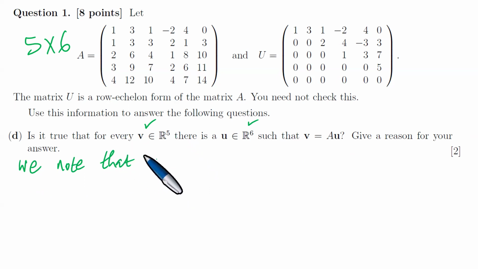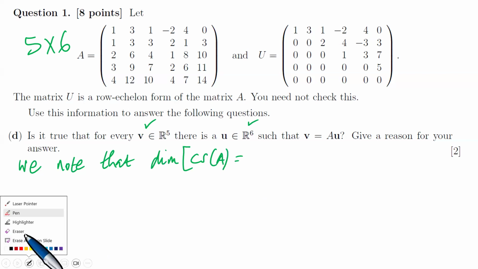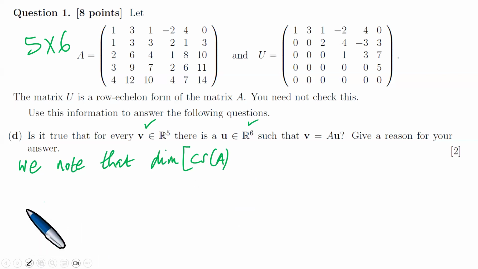Right, we note that the dimension of the column space of A. I want us to examine the dimension of the column space of A, because dimension is the number of elements in the basis of the column space of A. But we have seen that the dimension of the column space of A is exactly 4. Well done.